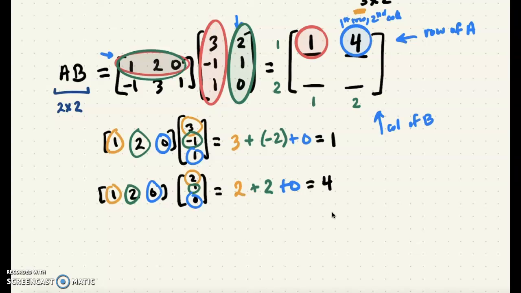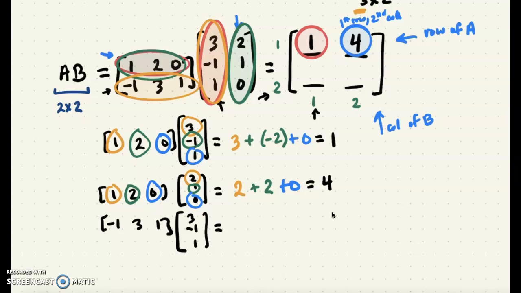Okay, now I'm going to move to the second row, first column. Second row, first column means I'm going to multiply the second row of A times the first column of B. So let me grab the second row of A and the first column of B. So this is going to be negative 1, 3, 1 times 3, negative 1, 1.